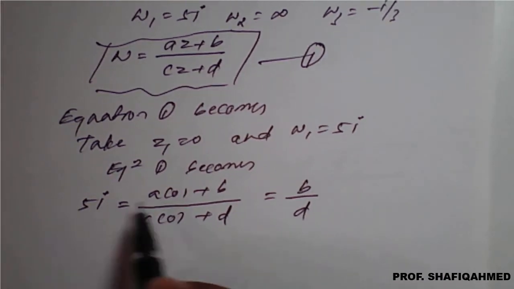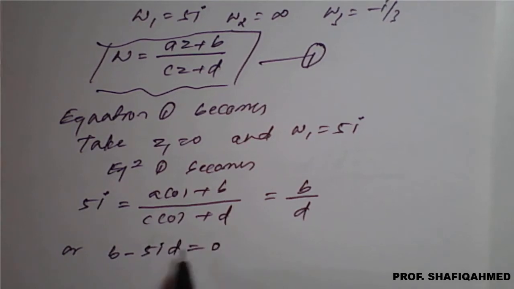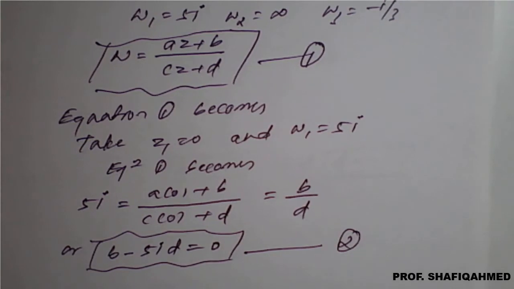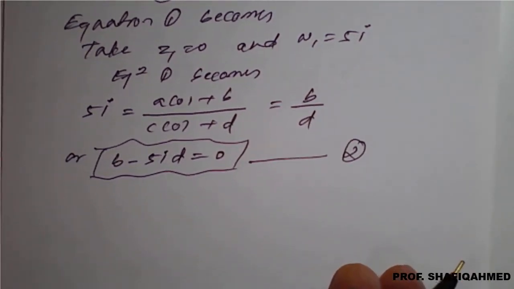Therefore 5i = b/d, or I can write it as b - 5i d = 0. If you rearrange, we get this equation, and I will call it equation number 2. So from z1 and w1 we got this result.